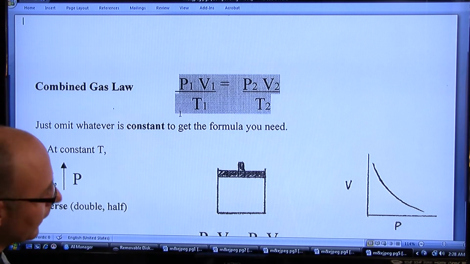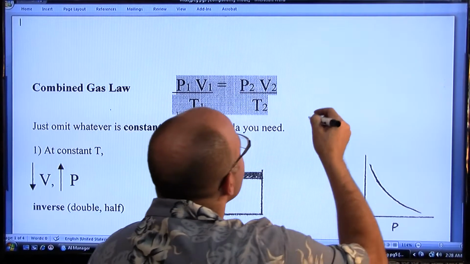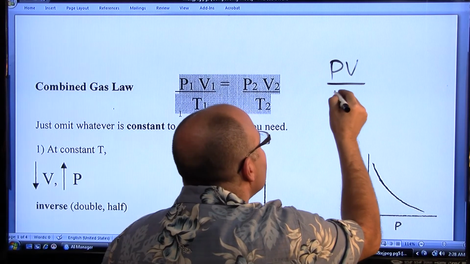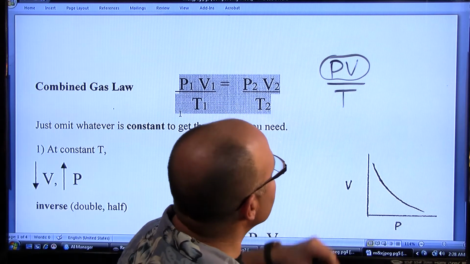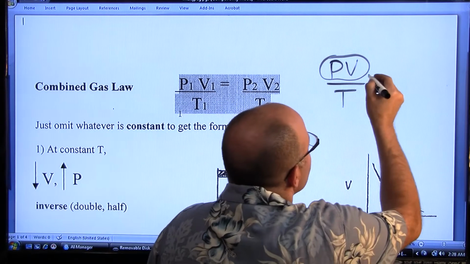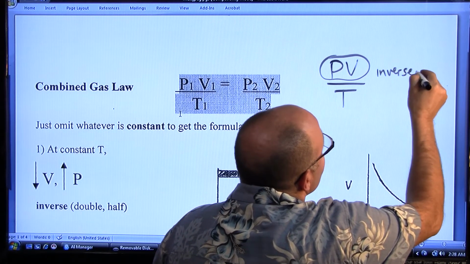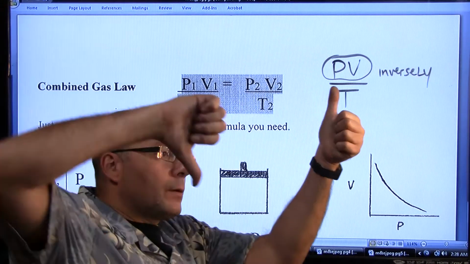Before we get started, let me just remind you right here in short, PV over T: whenever you have variables side by side, like P and V here, they are inversely related, which means if one increases, the other decreases.